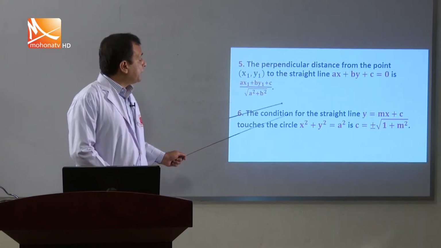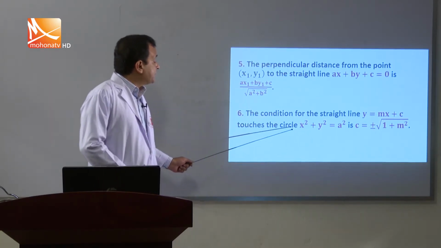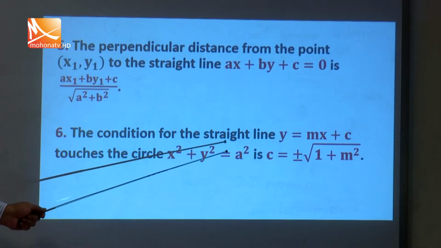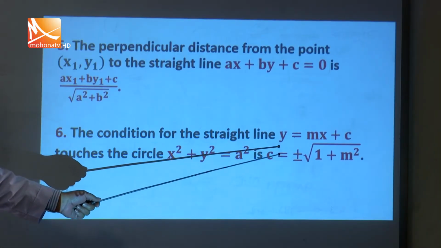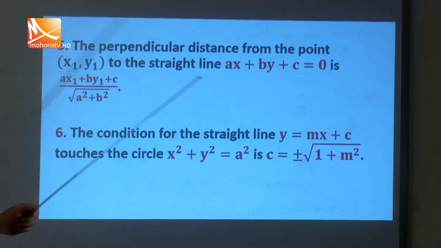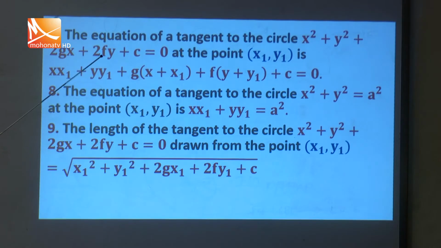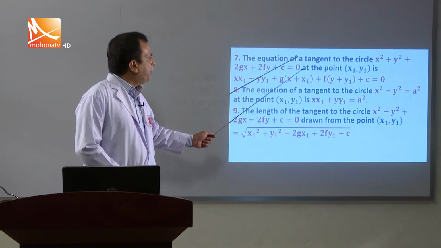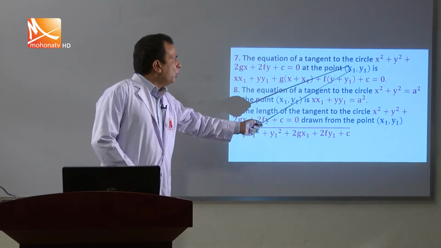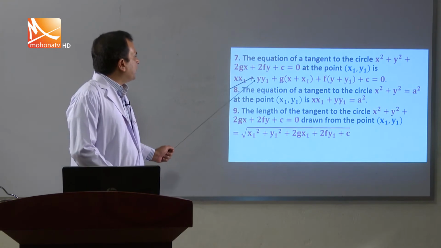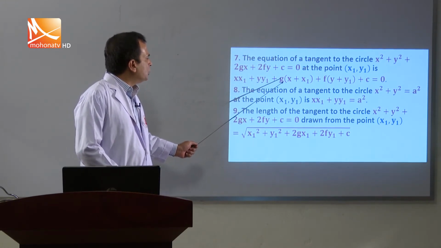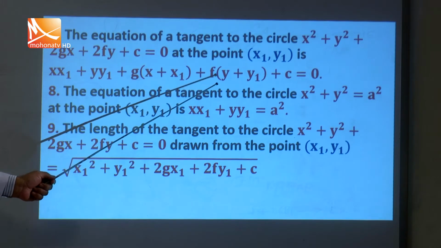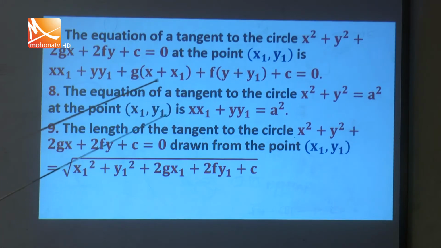The condition for the straight line y equals mx plus c to touch the circle x square plus y square equals a square is c equals plus minus a times square root of 1 plus m square. Then the equation of a tangent to the circle x square plus y square plus 2gx plus 2fy plus c equals 0 at the point (x1, y1) is x x1 plus y y1 plus g(x plus x1) plus f(y plus y1) plus c equals 0.